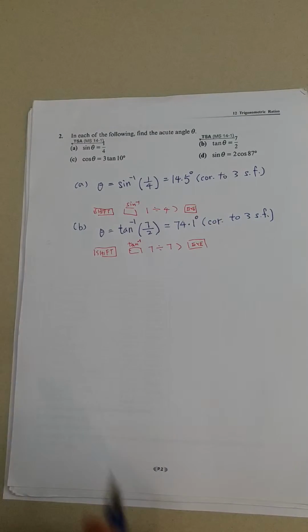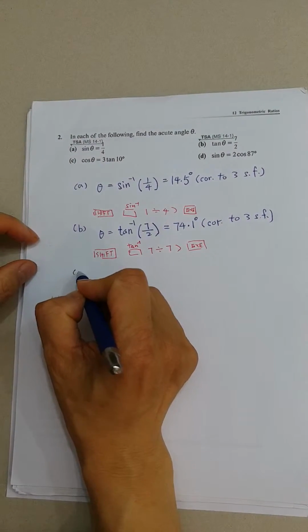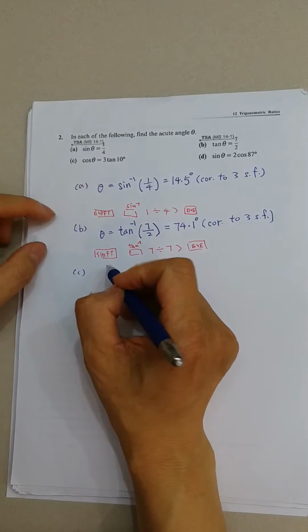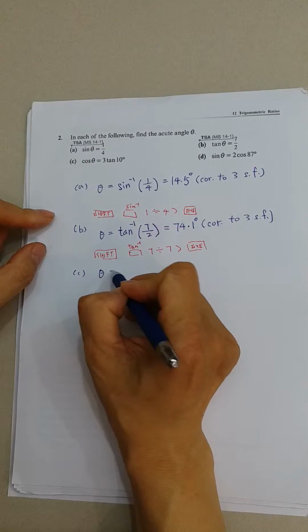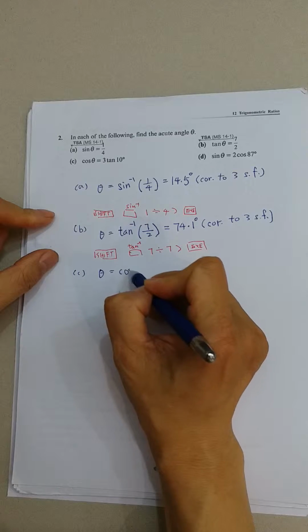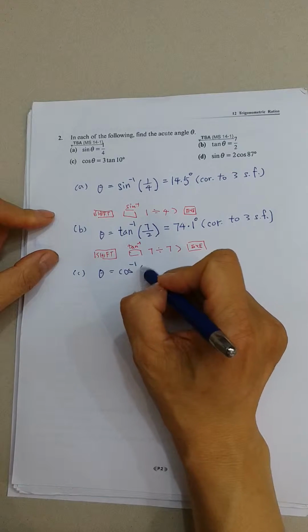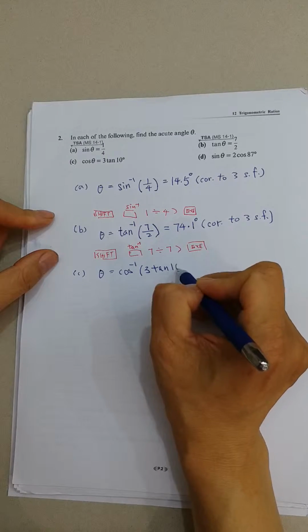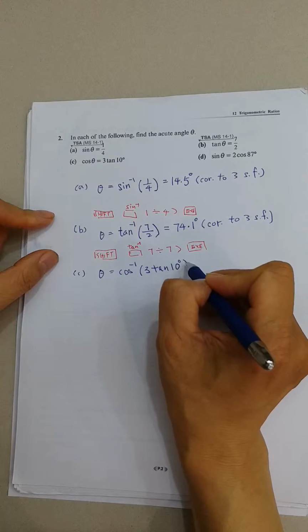Then we come to part C of the question. So cosine theta is 3 times tangent 10 degrees. So theta is equal to inverse cosine of 3 times tangent 10 degrees.